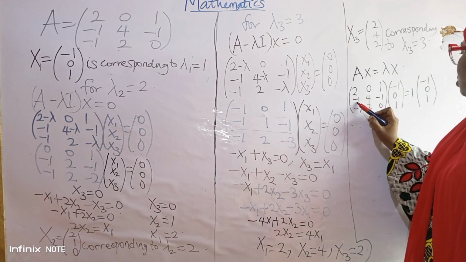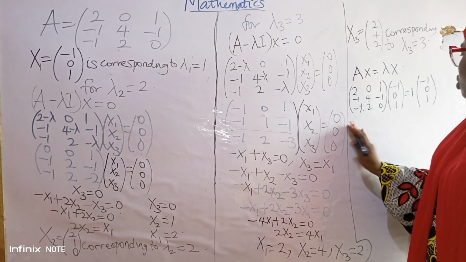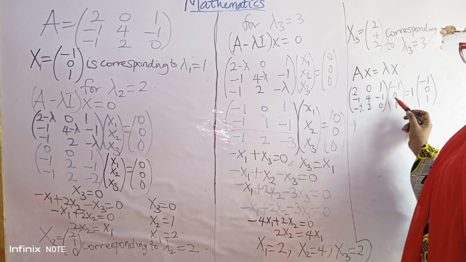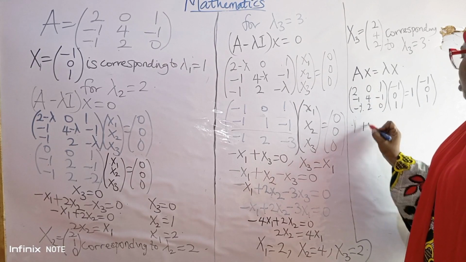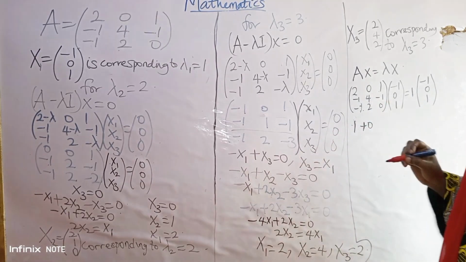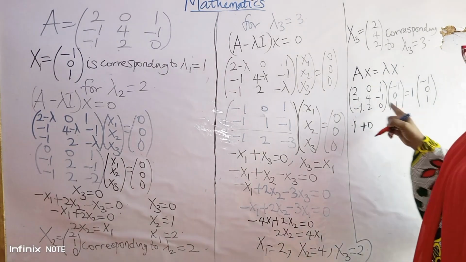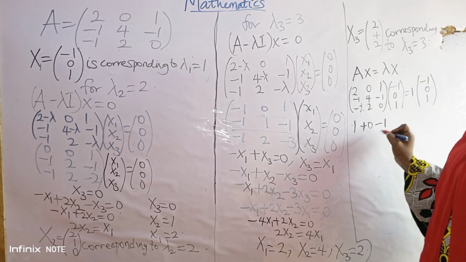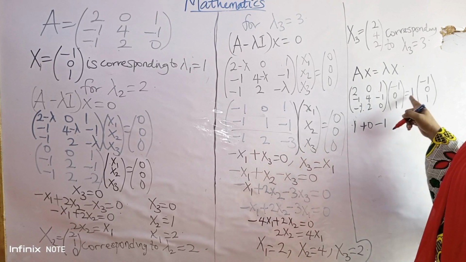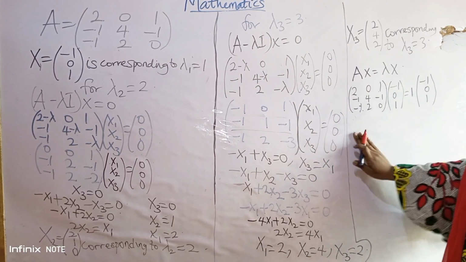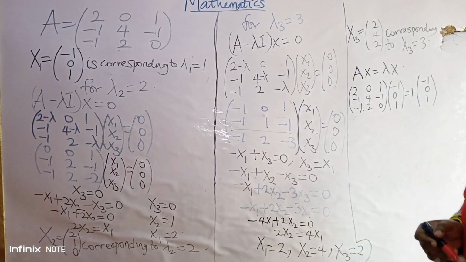We have minus 1 multiplied by minus 1, that is 1. Then 4 multiplied by 0, that is 0, so plus 0, then minus 1 multiplied by 1, that is minus 1. So that is what? 0. 1 minus 1 is 0. If you multiply this one, it's 0. So if you do for the other one too, that means everything here is correct.